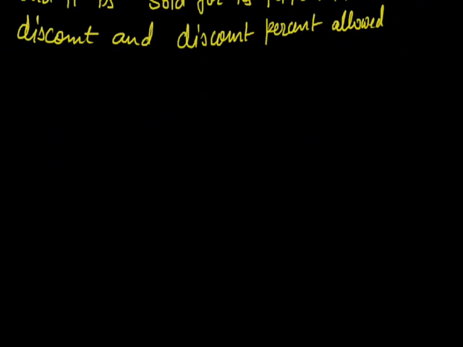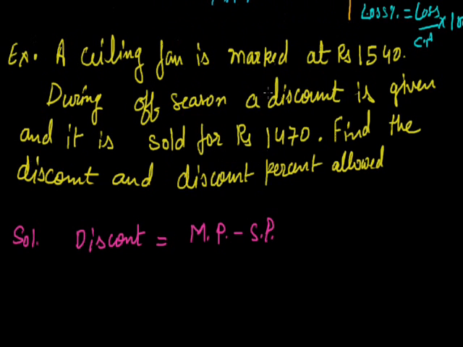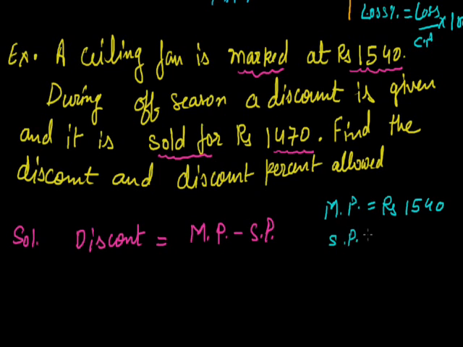Now how to calculate the discount? We have just now seen that the discount is equal to mark price minus the selling price. Looking at the question, we can see that the mark price was rupees 1540 and the selling price is rupees 1470.